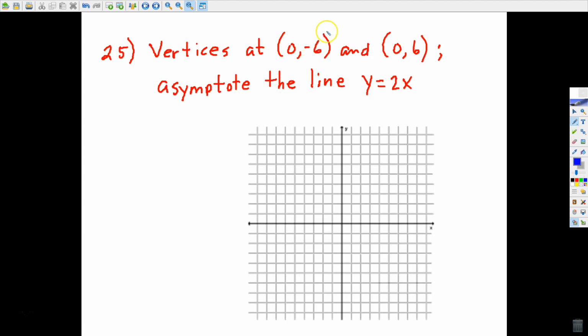We're given vertices, so I know what a is. Here, all we're told is the asymptote line is the line y equals 2x. So if we want to, we can go ahead and sketch y equals 2x. So that means it's got a y-intercept at the origin, slope of 2, up 2, right 1.